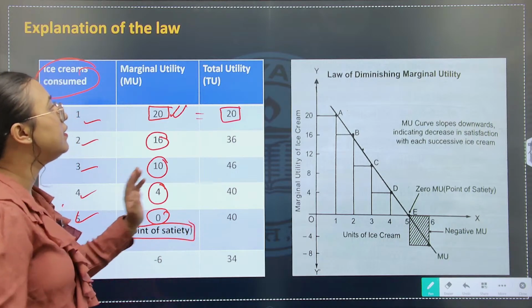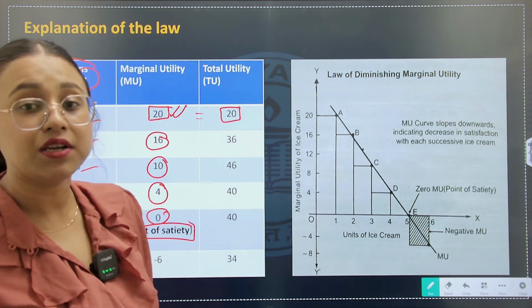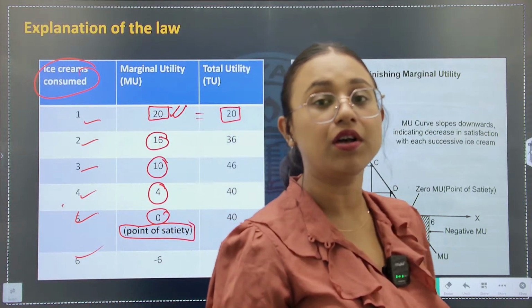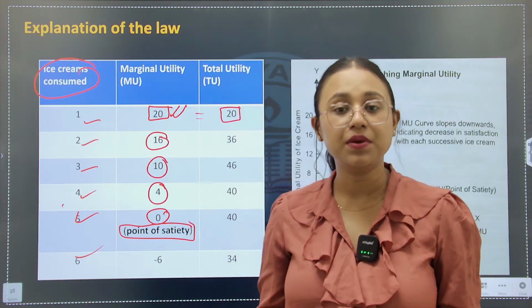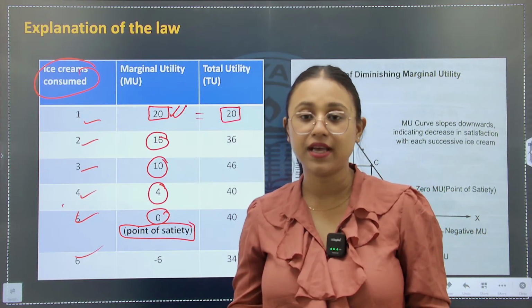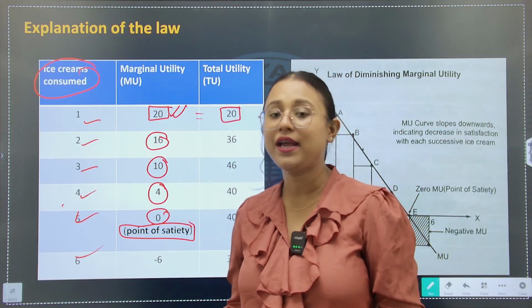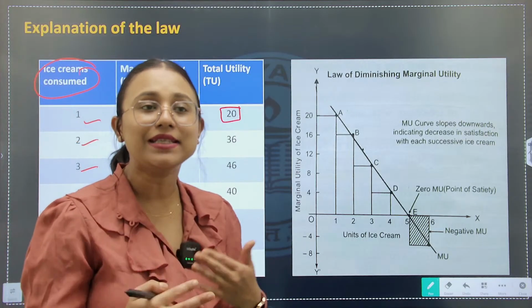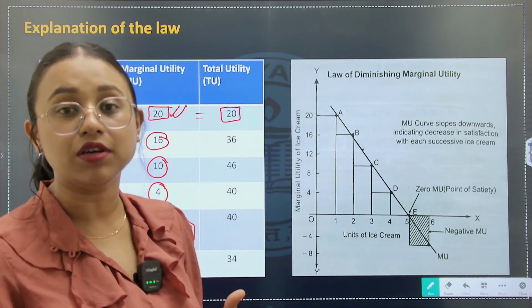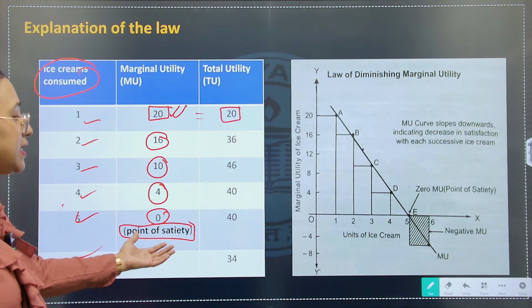Your marginal utility, extra utility, you are not getting any, because your satisfaction level has reached whatever you needed, you have already received it, and more cannot increase your satisfaction. Right? So when marginal utility becomes zero, that is, by eating that extra ice cream you are not getting any extra utility, this is called the point of satiety.